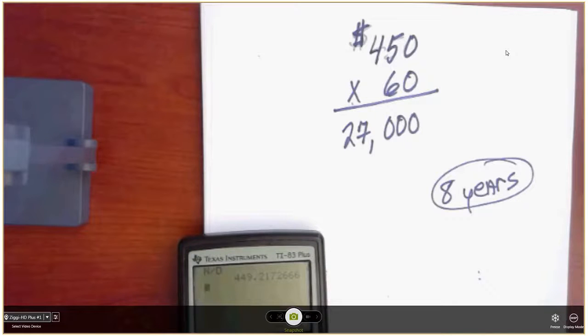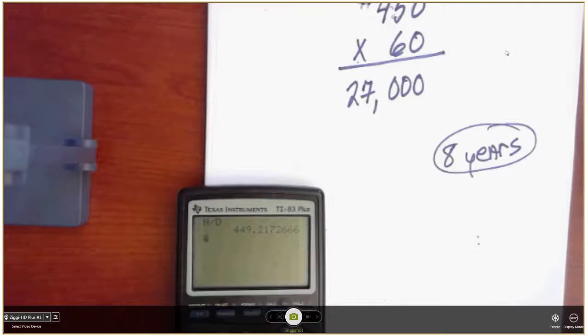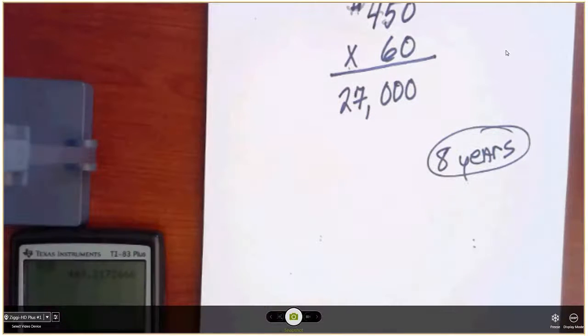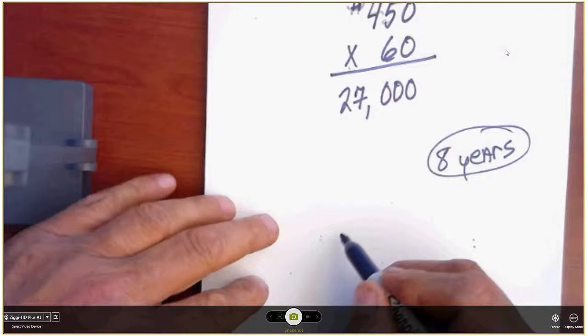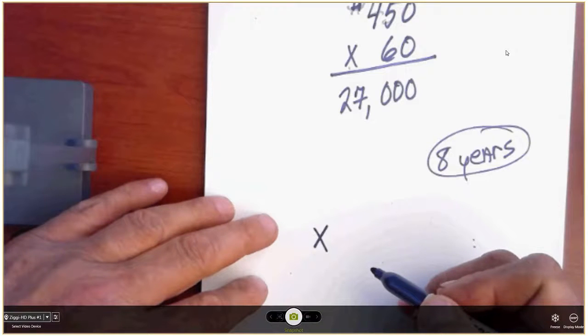All right. So what did you come out with on the 8-year plan? Working on it. Just tell me the monthly payment. What's 8 times 12? 96.